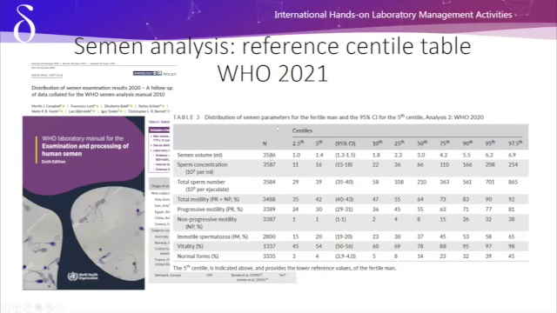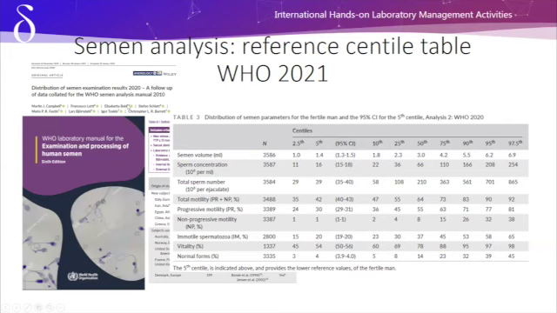But I would say that the table is very similar, confirming that fertile men showing a time to pregnancy below 12 months have similar semen analysis parameters. And so this was very important for the World Health Organization, demonstrating that also the values that were shown in the previous manual were very similar.